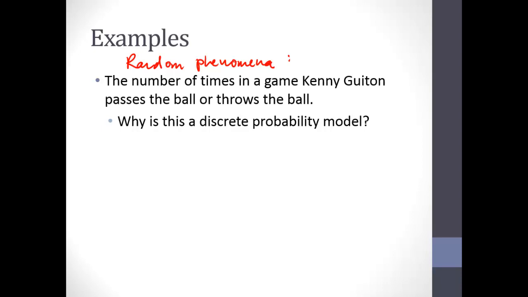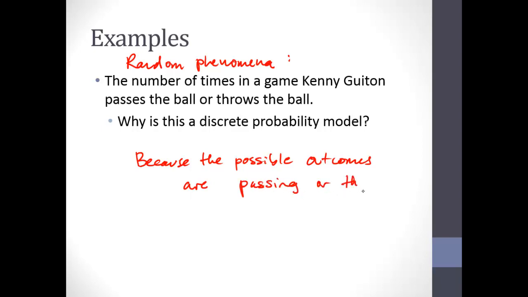But the thing that I need to be able to count is the number of possible outcomes. I can count up the number of times he throws or passes, but it's discrete because the possible outcomes here are passing or throwing.